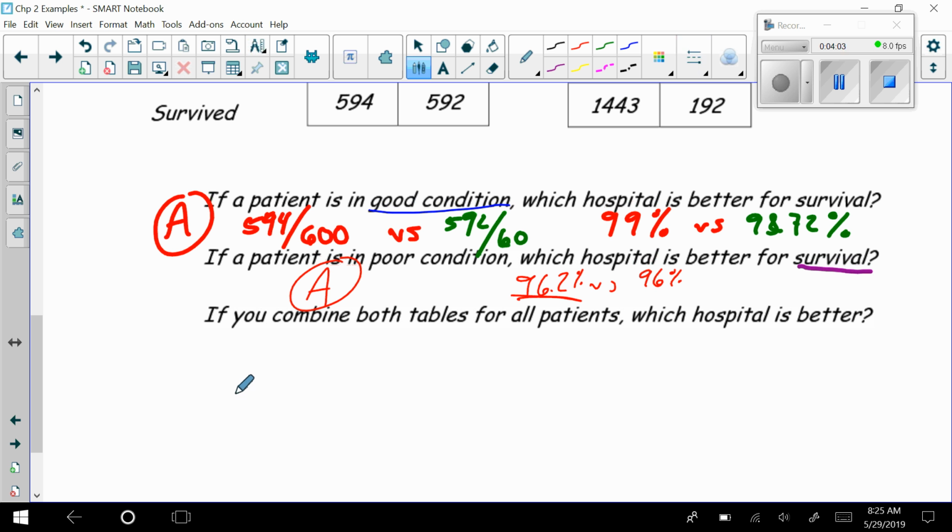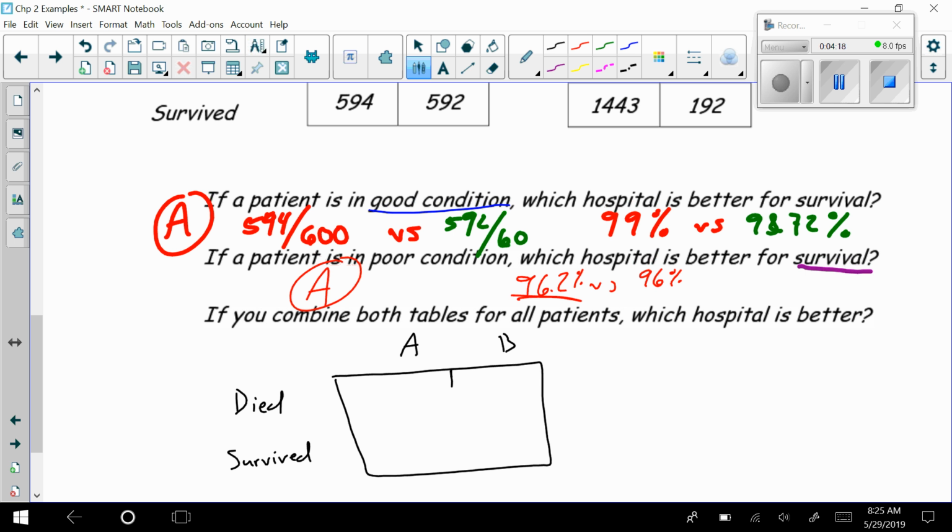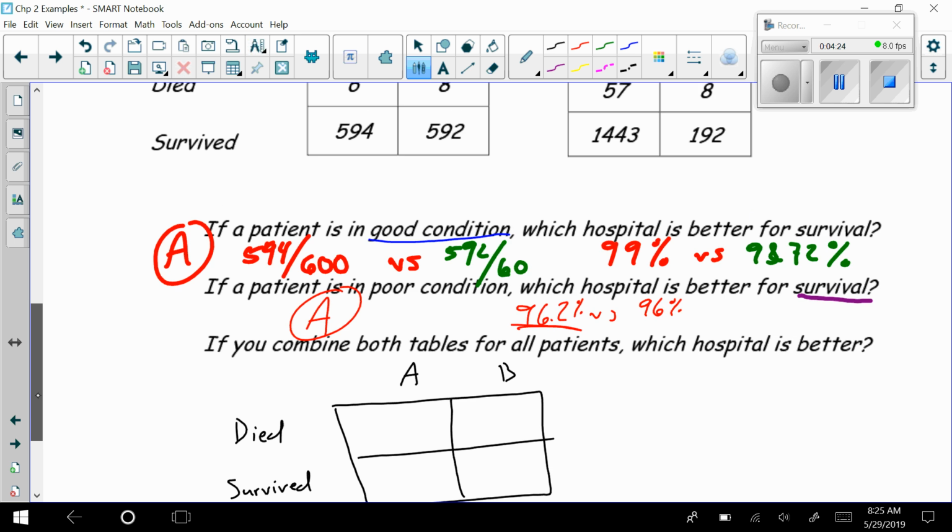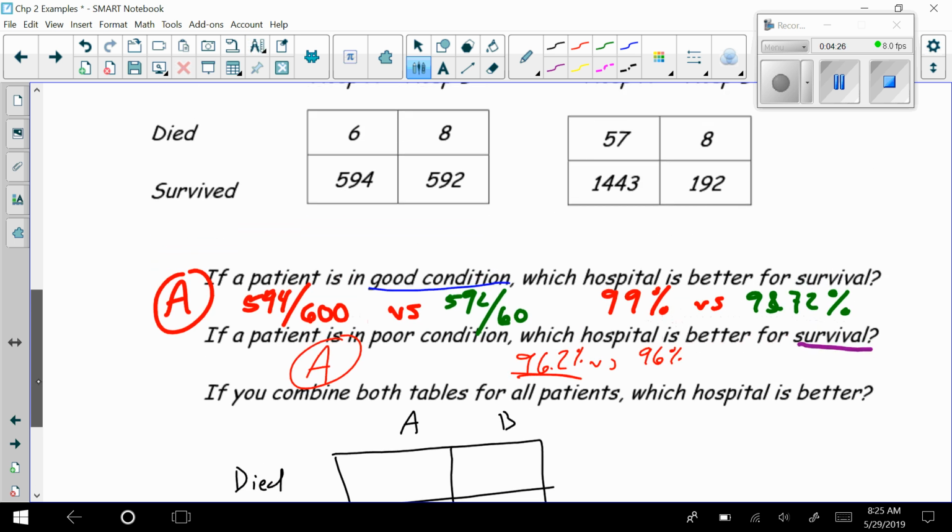So in reality, I care about if you died or survived, and if you went to hospital A or hospital B. Those are the things I care about. Now, if I'm doing this, I need to add them up.